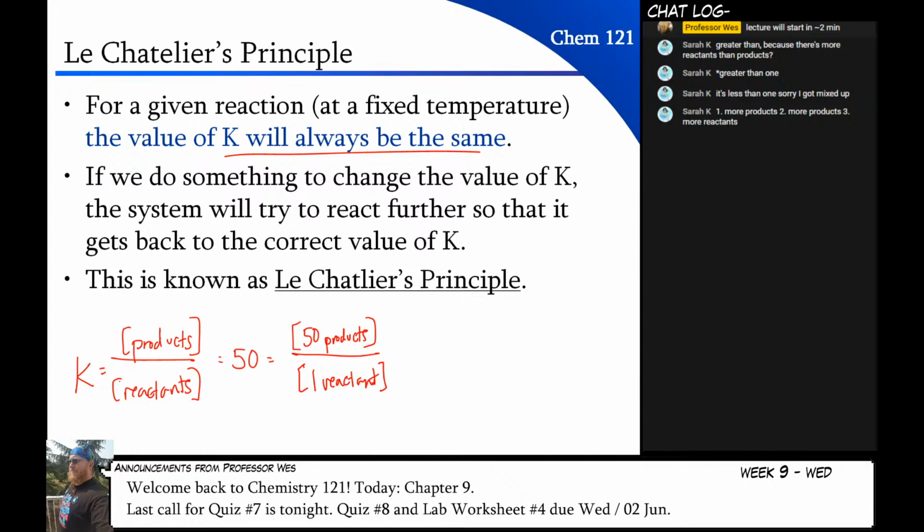And then what I do is I go like this. Haha, now there are no longer one reactant, there are now 100 reactants. So I have changed the equilibrium. So I am no longer equal to 50. In fact, 50 over 100 would be 2, right? But I got to equal 50. So what will happen is that I will turn more reactants into products until I get a ratio that is again 50. And so that would be something like 147 divided by 3.